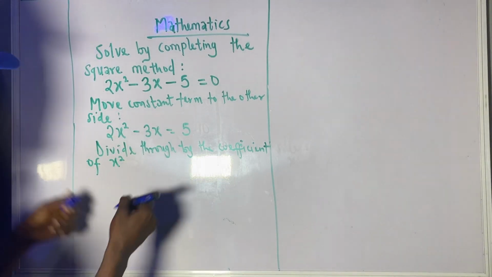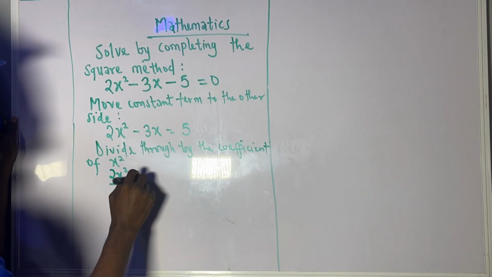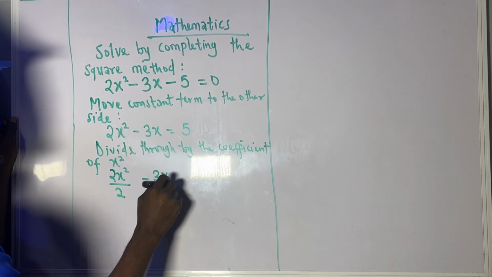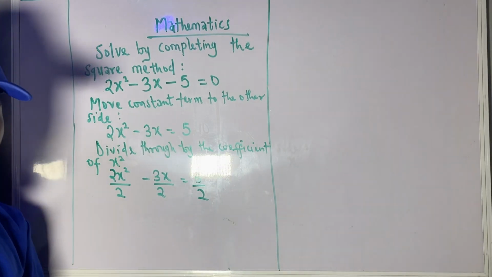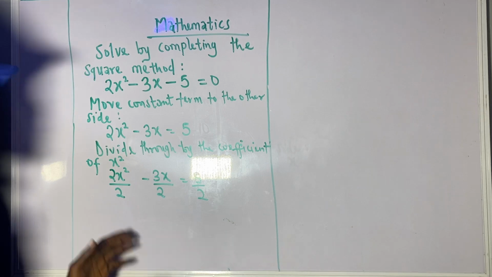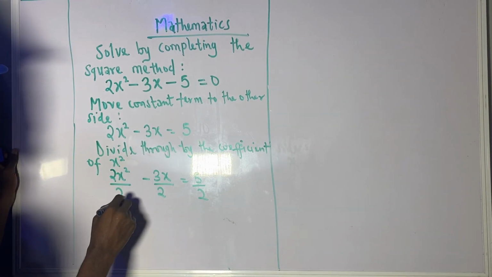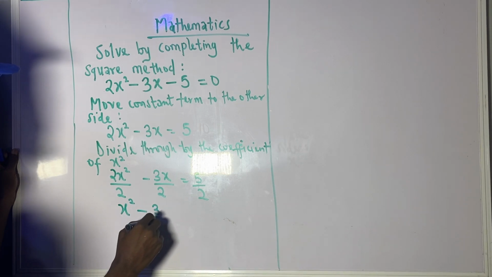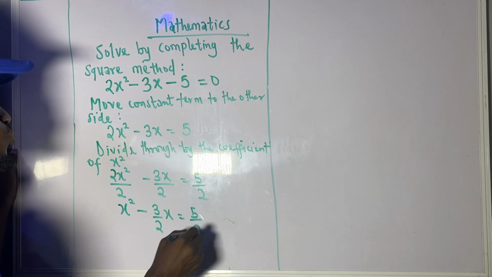So we divide through by 2. We have 2x squared divided by 2 minus 3x divided by 2 equal to 5 divided by 2. Now, this is interesting. This will simplify because we cancel 2 here. We have x squared minus 3 over 2x equal to 5 over 2.